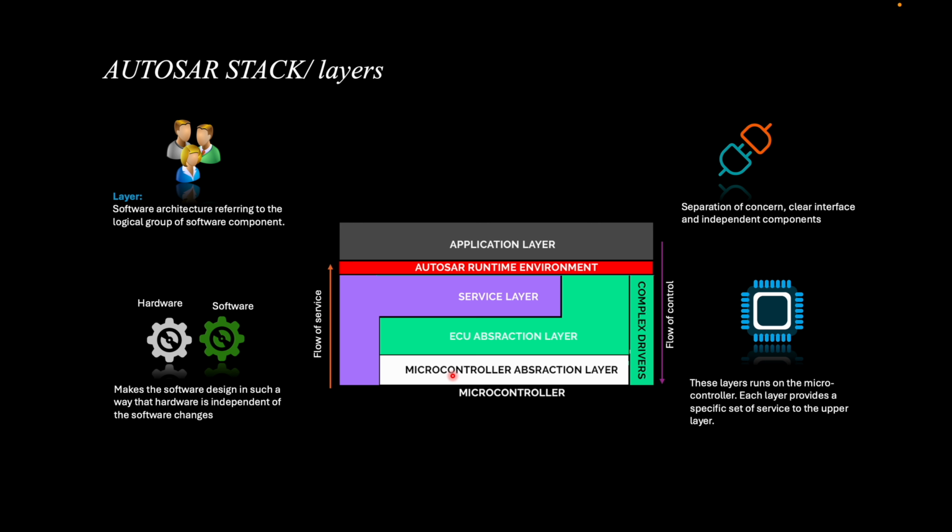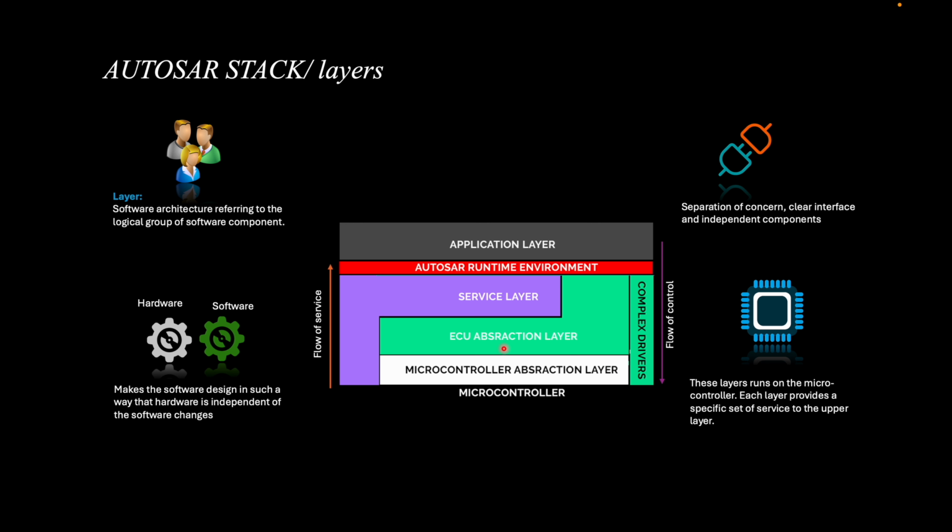So here the microcontroller abstraction layer will be able to provide the service to the ECU abstraction layer or give a service to the service layer as well. And the microcontroller abstraction layer also can give service to the device driver as well.